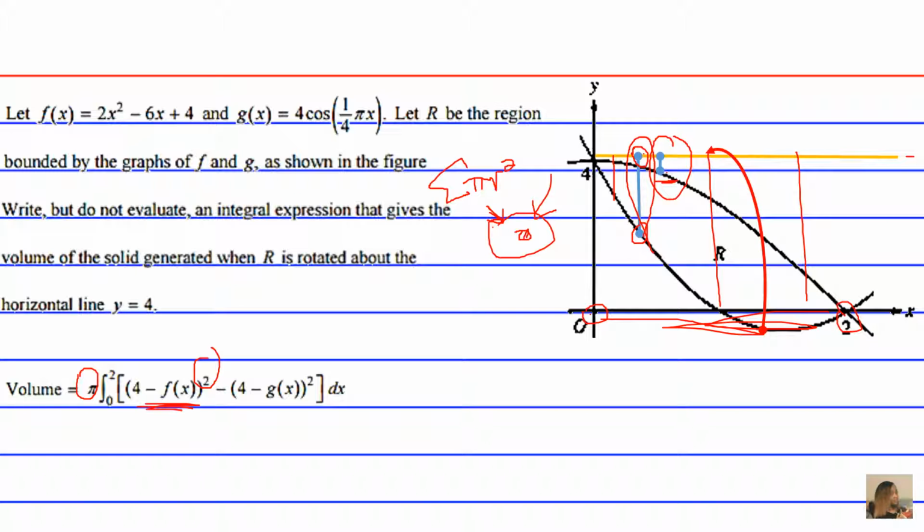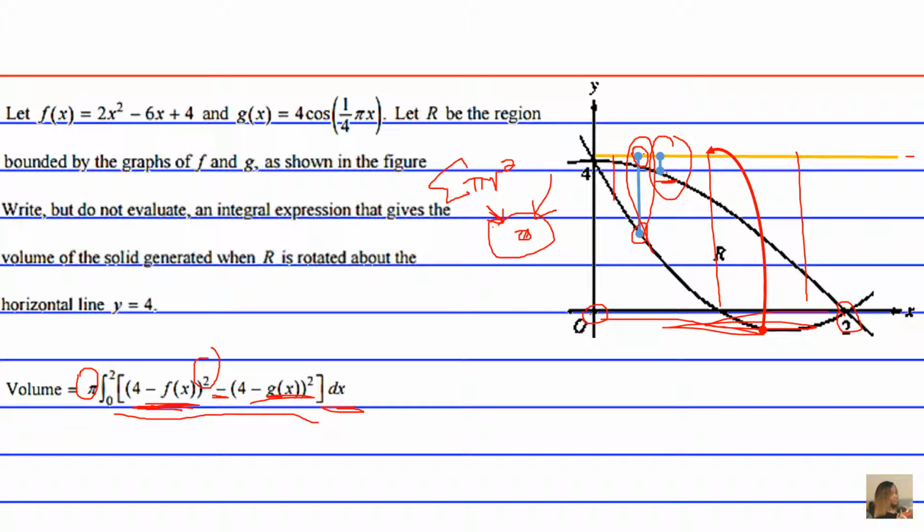But again, we have to do our outer radius, which is 4 minus f of x squared, minus our inner radius, which is 4 minus g of x squared, in order to get the correct volume.